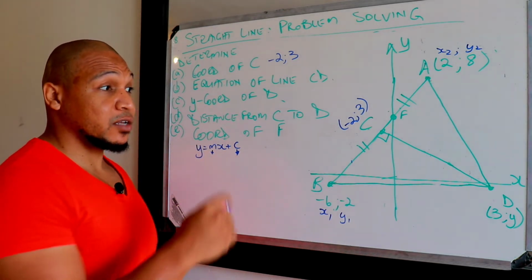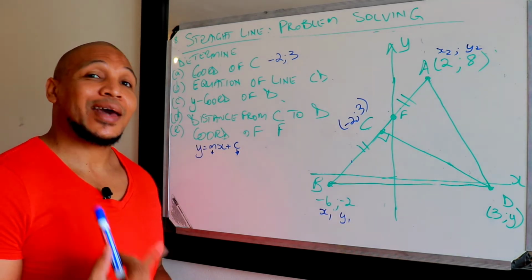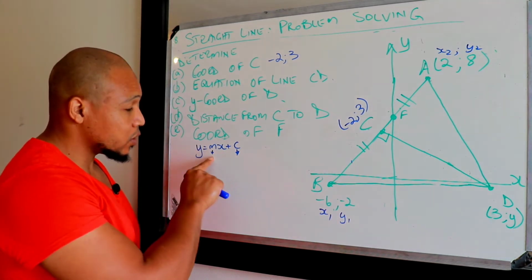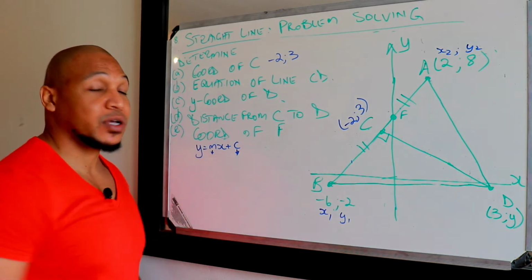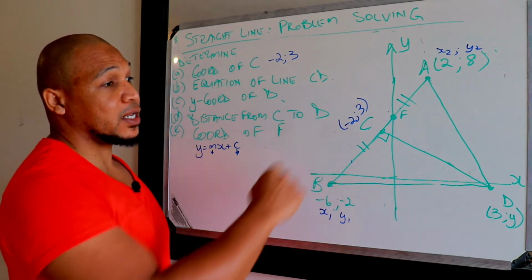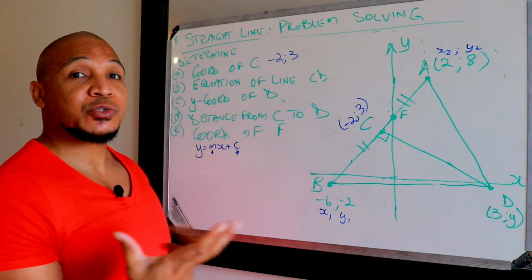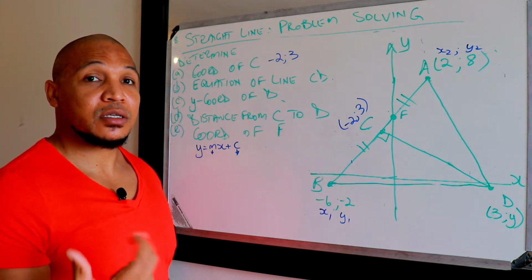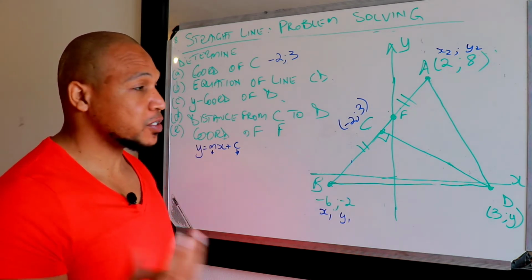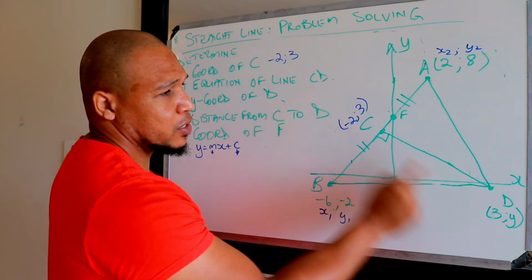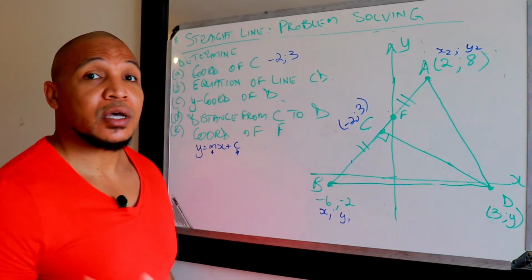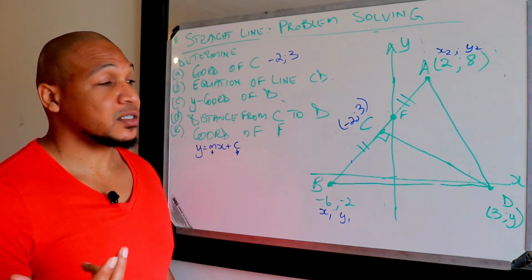Now I need to look at the information that they give me and check what I can use in order to calculate my gradient and my y-cut. So from the information that I get here, the easiest way to calculate our gradient is to use delta y over delta x, but for that I need two known points. There's one point, there's another point, but I don't have my y value. So I can't use delta y over delta x in this case.